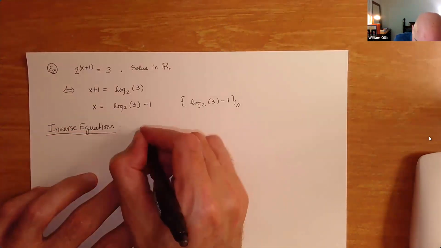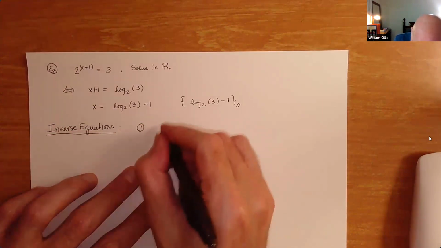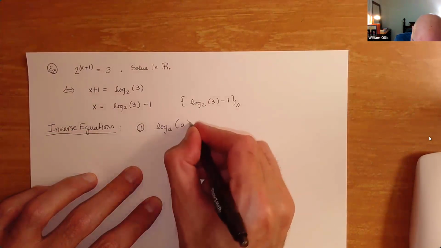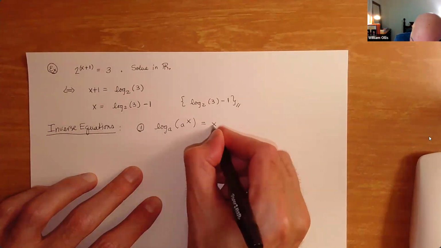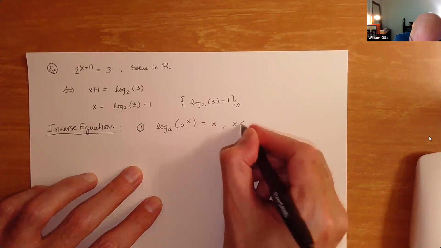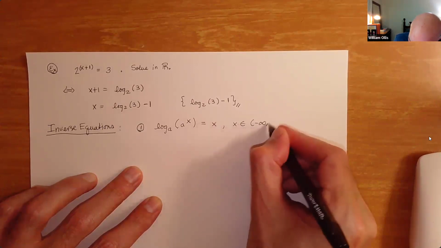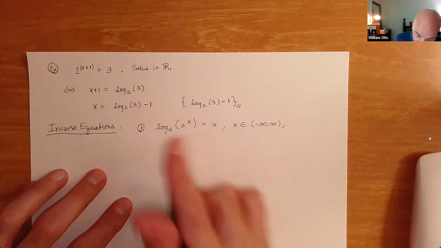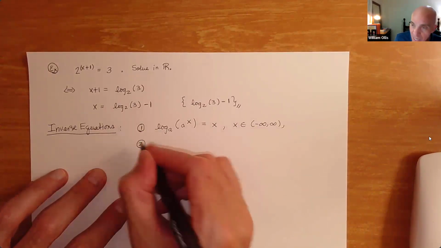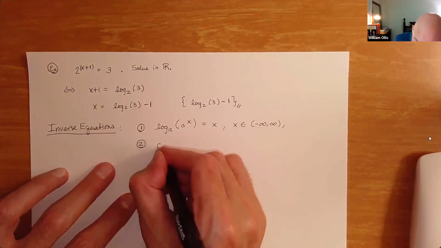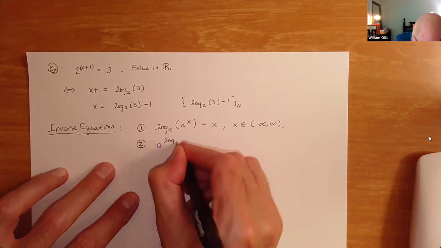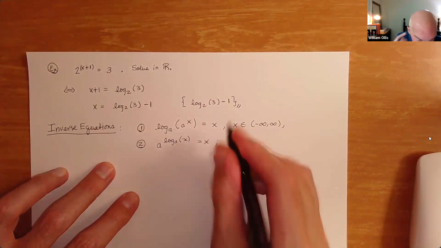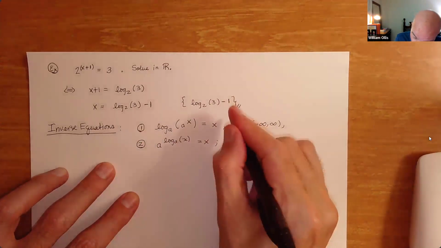The first one, we can say the base A logarithm of a to the x, input equals output, should be x, where x is just a real number. We know that to be the case. Input equals output. And then, of course, you can flip it around because that won't matter. We can say a to the base A logarithm of x should also be x.